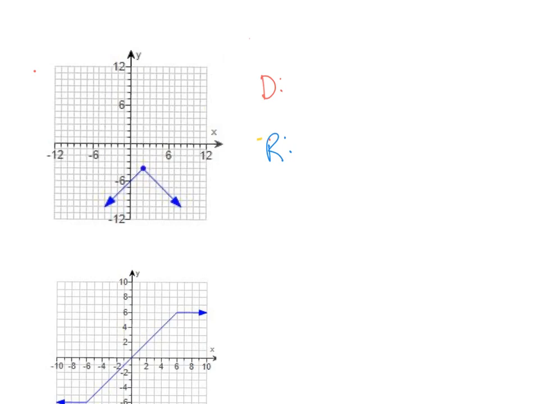If we look at the domain, the furthest to the left, there is an arrow right here, which tells me it's going to keep going. If I go furthest to the right, there's an arrow, which tells me it's going to keep going. So we can write this a couple different ways. We can say that the domain is the set of all real numbers.